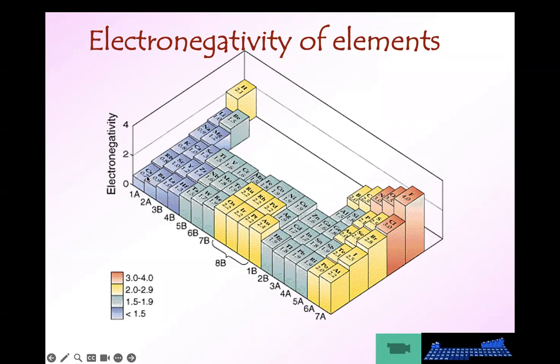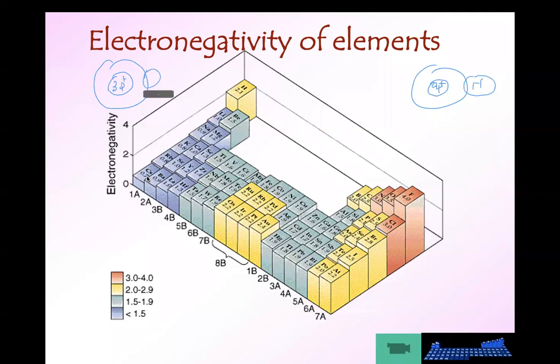You have to know some reasons. You can think that it's related to the number of protons inside. For example, fluorine has 9 protons altogether, while lithium has just 3 protons. Now, if it is bonding with hydrogen, the ability of attracting the bonding electrons will be different.